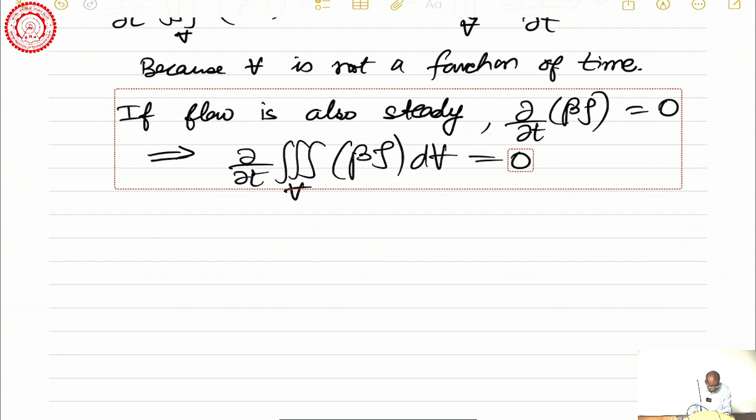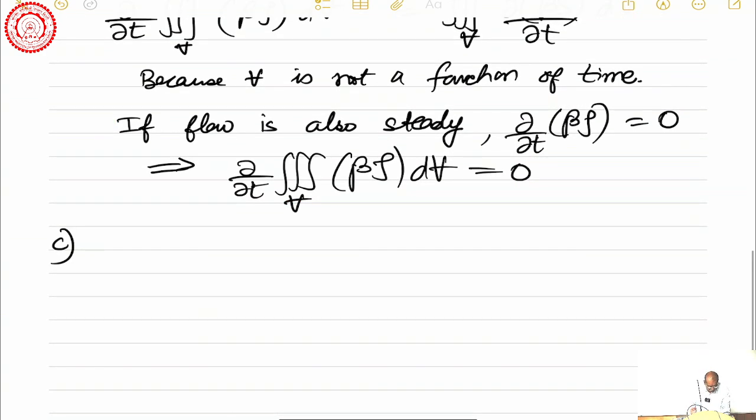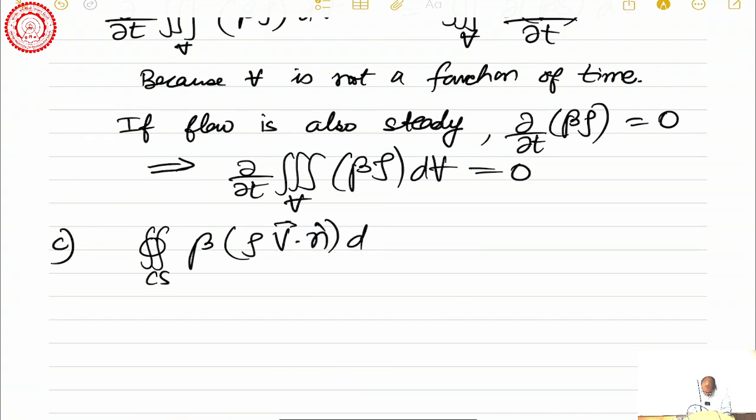Now the third thing which we have is, let's try to look at the integral over the control surface, this term.